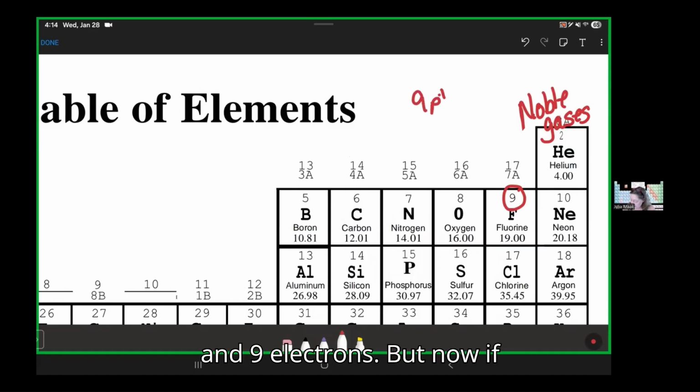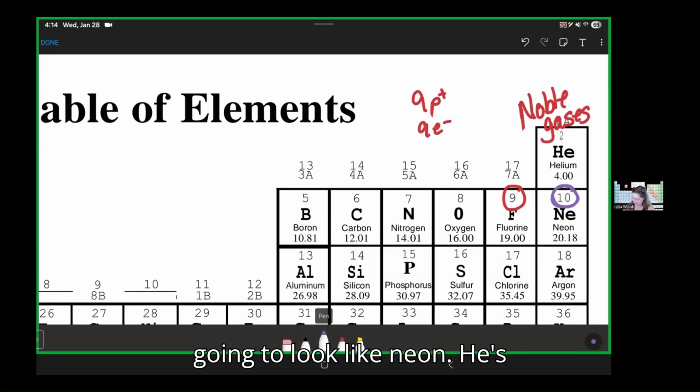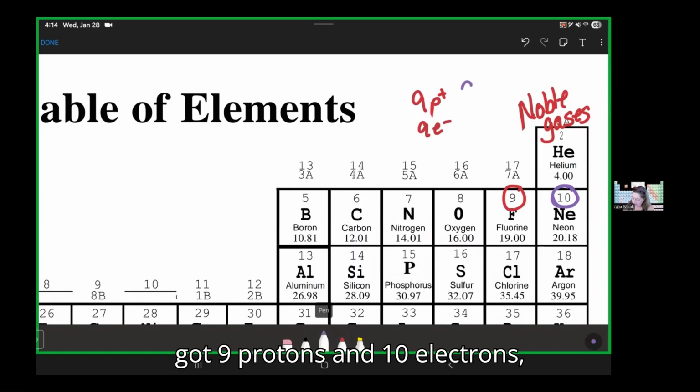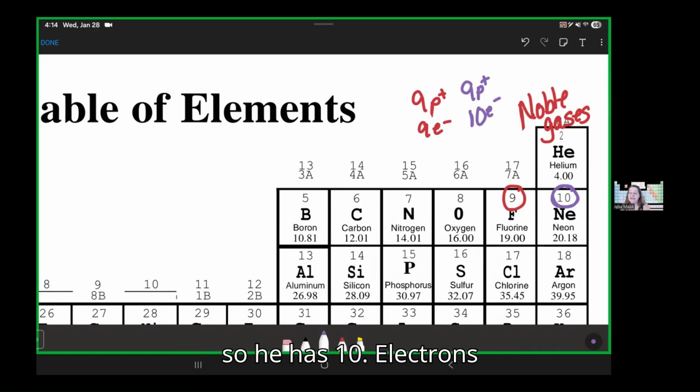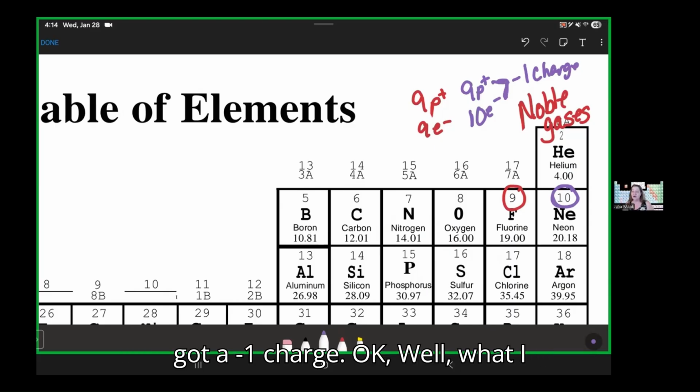But now if he gains an electron, now he's going to look like neon. He's got 9 protons and 10 electrons. So he has 10 electrons just like neon. So he's masquerading as the king. He looks like neon. And so that's going to have a -1 charge. Right? When you add those together, he's got a -1 charge.